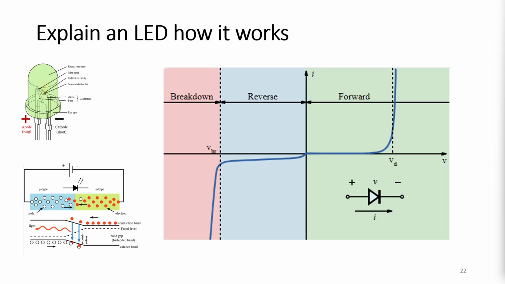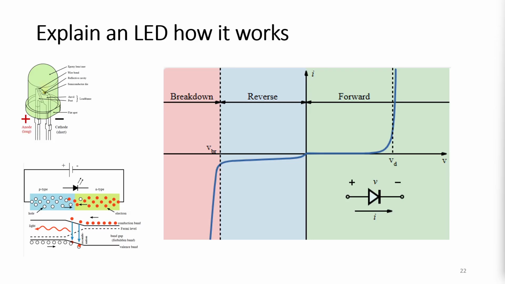As the reverse voltage continues to increase in magnitude, the diode eventually reaches the breakdown region at the breakdown voltage VBR. At this point, the electric field across the junction becomes strong enough to cause a sudden and large increase in reverse current.